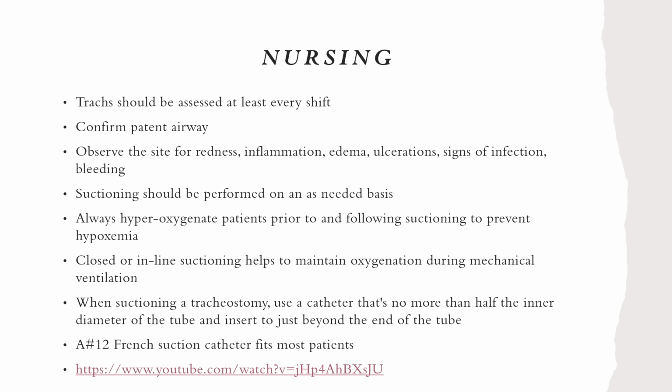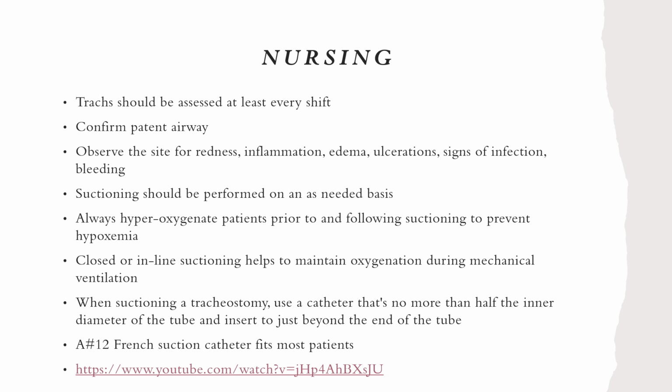So when caring for a patient with a trach, nursing care includes suctioning of the patient. We make sure that we clean the skin around the stoma. We're providing that oral hygiene, which is very important, and assessing for any complications of the trach. It's also very great if we can provide humidified air, oxygen.